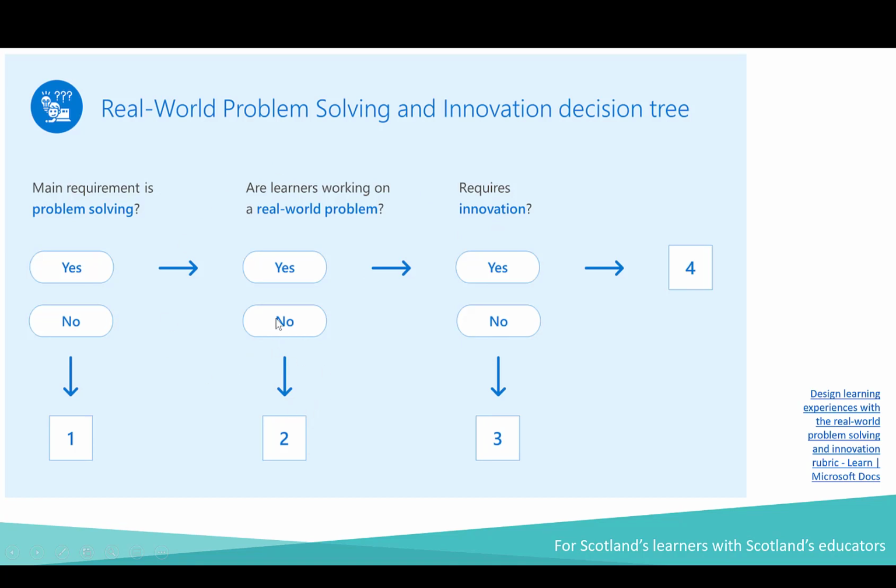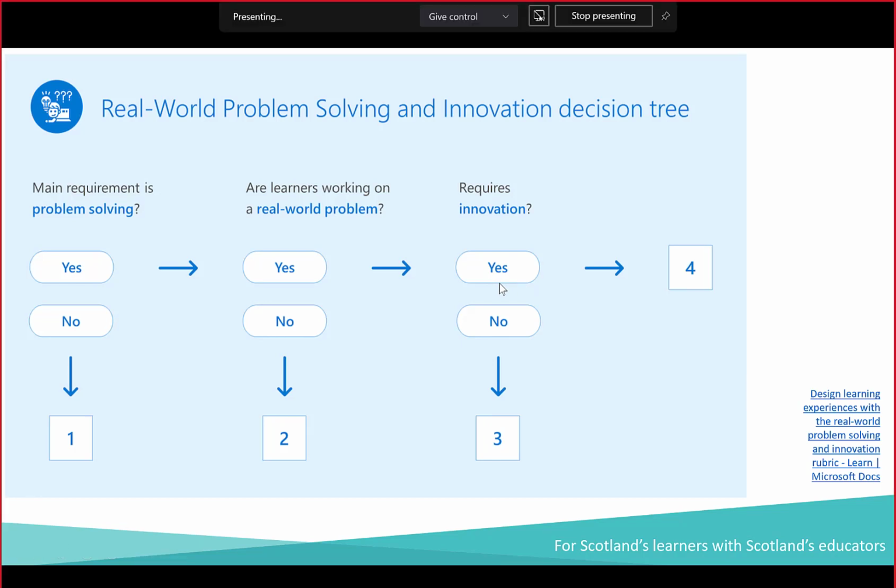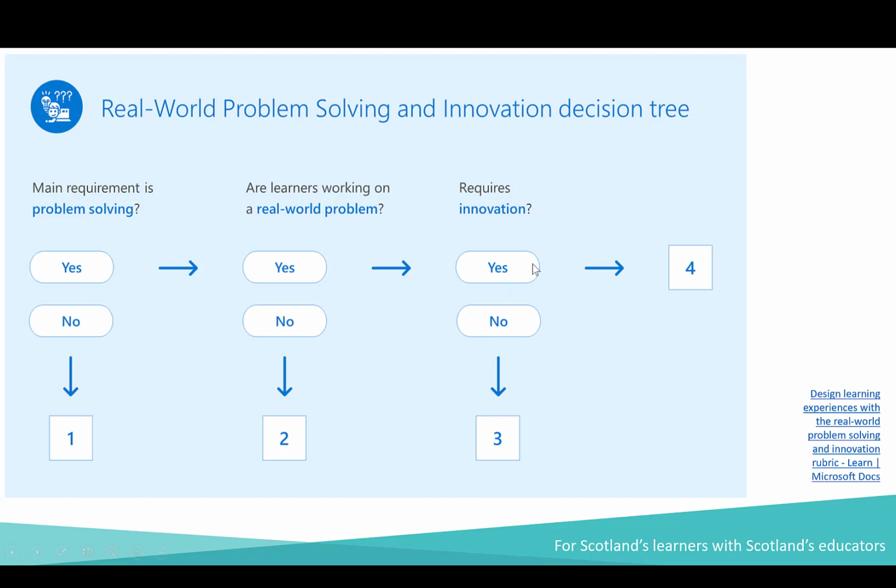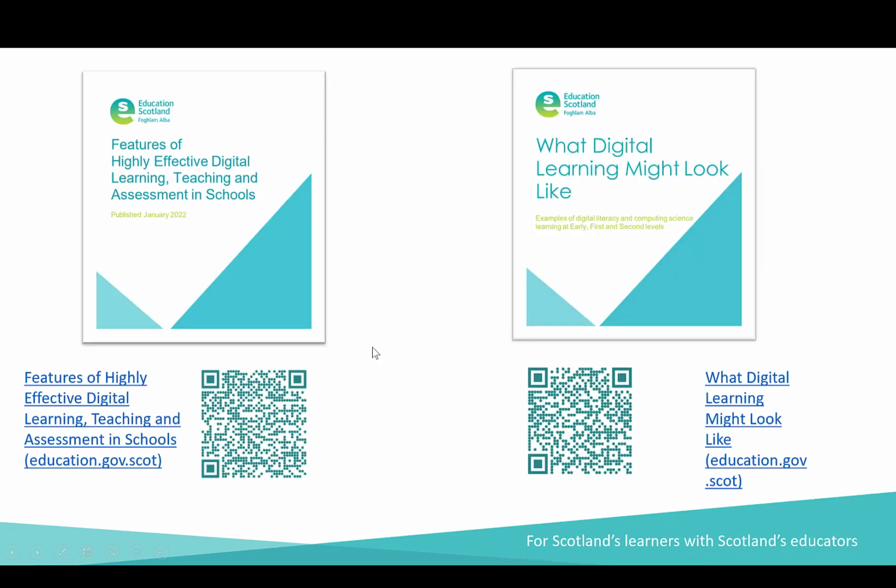If it's a real world problem, but we're asking them to find the solution that they think without me providing it, that's level 2. And if they're having to take it that step further where they're innovating it and coming up with something really creative, not just saying what they think the solution is, but actually coming up with the solution using real life information and being quite innovative with their response, it would be level 3 or 4.